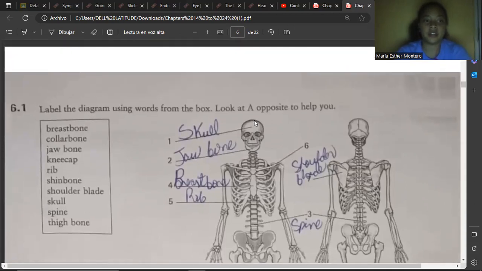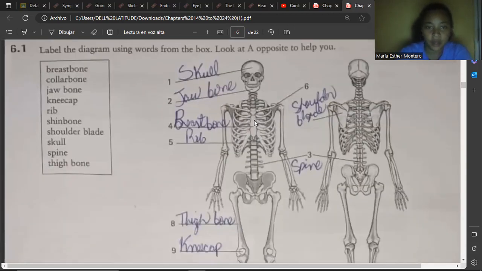Exercises. Exercise 16.1. Label the diagram using words from the box. Look at A opposite to help you. 1. Skull. 2. Jawbone. 3. Spine. 4. Breastbone. 5. Rib. 6.